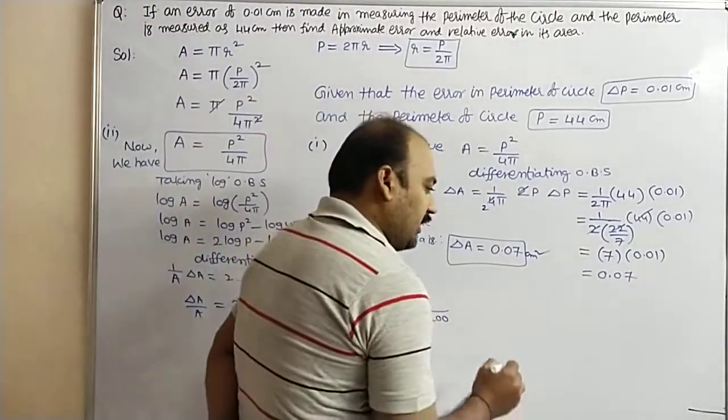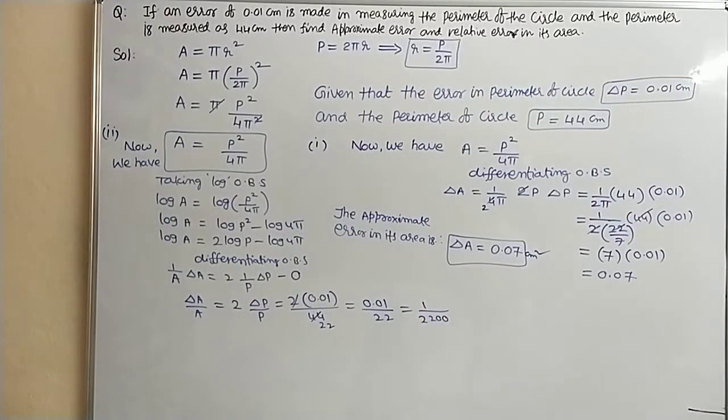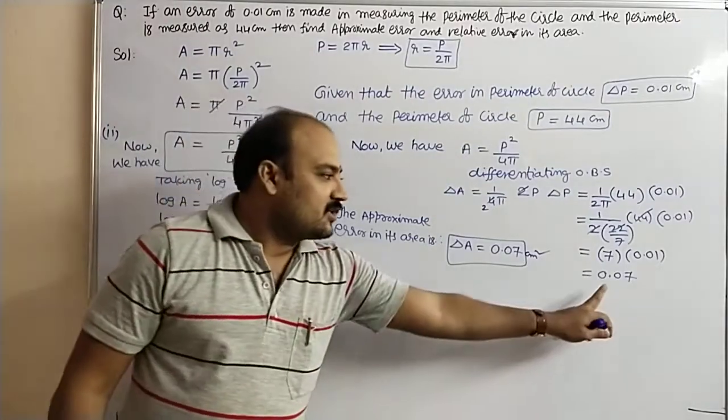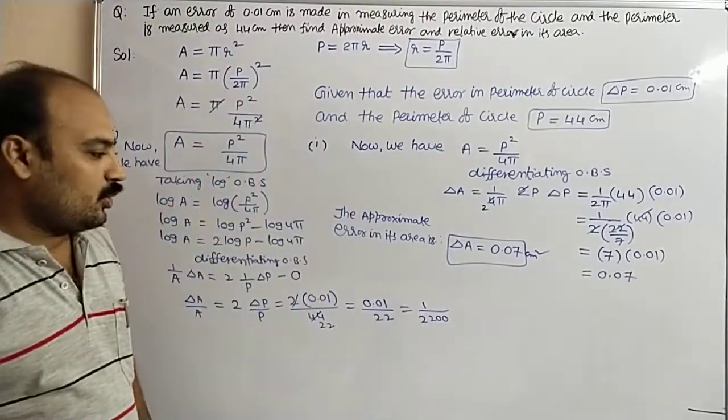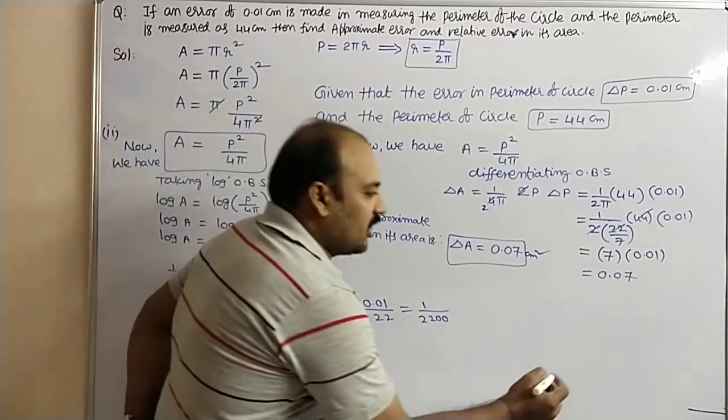After that you can calculate it, otherwise you can leave it. But dear students, the answer in terms of decimals should be there. So what we have to do: 1 by 2200.